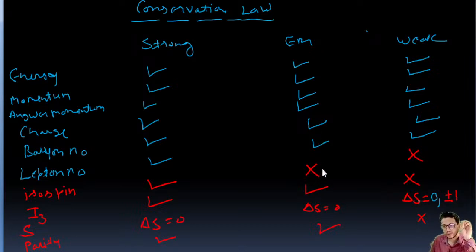If isospin is not conserved but I3 is conserved, then it is going to be EM, right? For strong, all should be conserved. So for weak, you can see that isospin and I3 component should not be conserved, right? And delta S value should be 0 or plus minus 1.